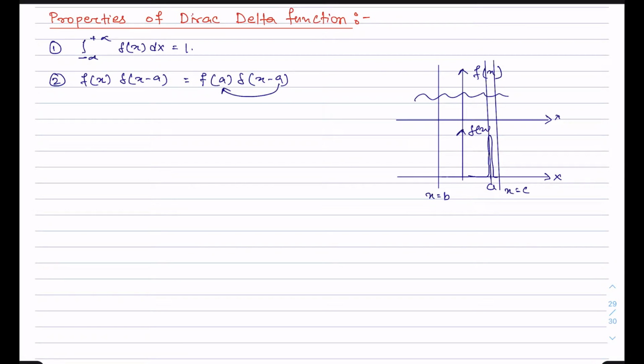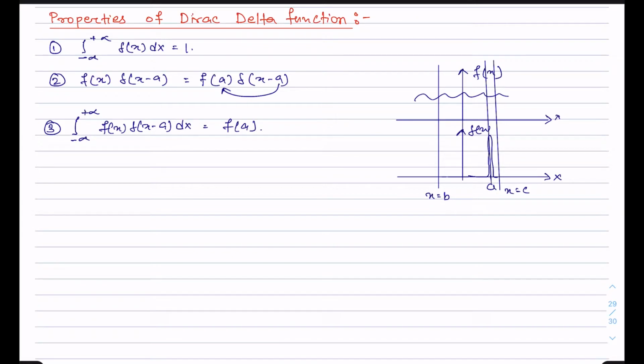Now the next property is, if you integrate over the region minus infinity to plus infinity f(x) delta(x minus a) dx, it will give f(a).